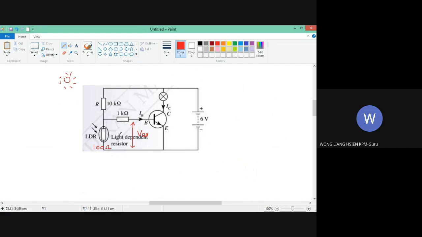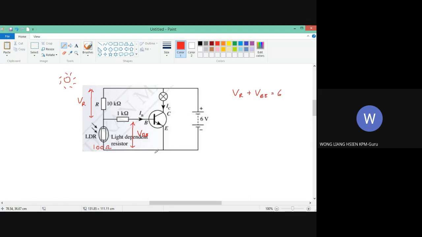You see the ratio. You see this voltage here and the voltage here. Let's say this is VR. This voltage plus this voltage equals 6 volt. VR plus V base emitter equals 6 volt.